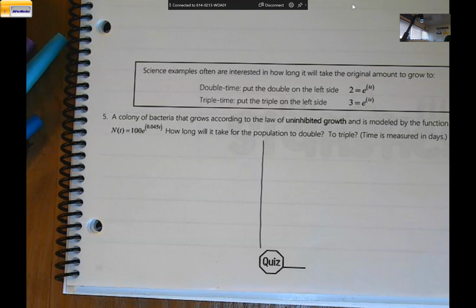So instead of asking you to find the time, they're going to ask you to find the rate. I need to find my paper really quick, so sorry about that. You can try the money one while I'm looking for this, but we'll come back to it in just a second.